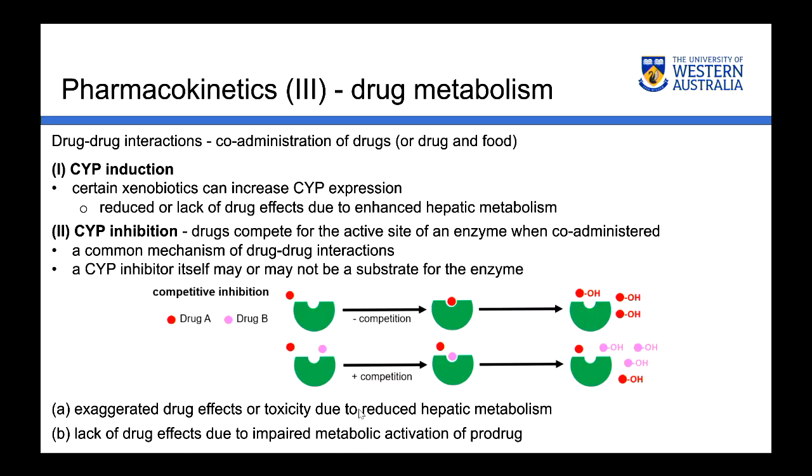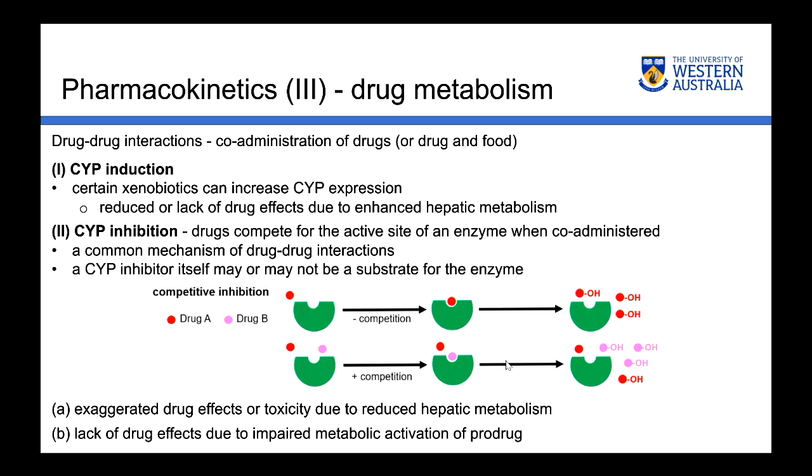Now this diagram briefly illustrates what happens. In the presence of just one single drug, there's no competition with another drug, so the drug is metabolized normally. But in the presence of another drug that binds to the same enzyme, there will be competition.